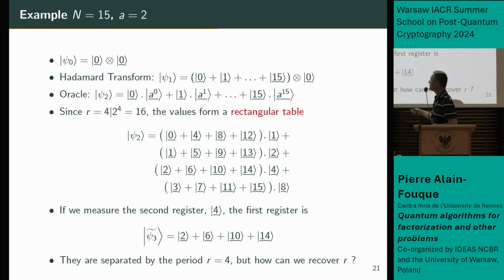And so you can see that we have some value alpha 0, and then all the values here are well separated by the order r. However, we need to recover this value. Okay, but we cannot have this value and that one because we cannot clone states, and we cannot also redo the computation and have this value and this one with another different beta. Okay, so we know that this state is very interesting. However, we need to recover the 4.